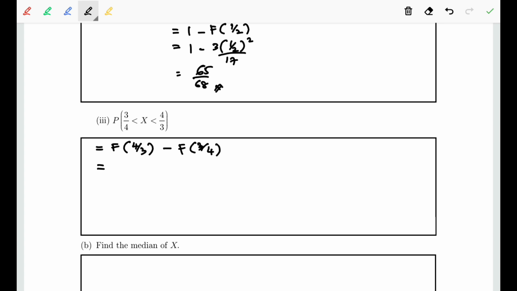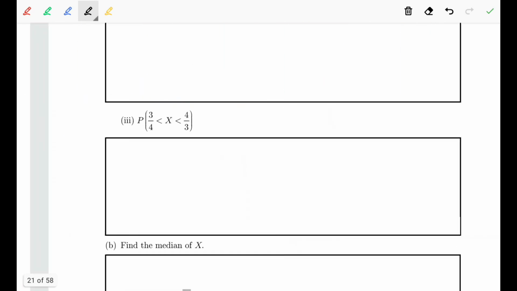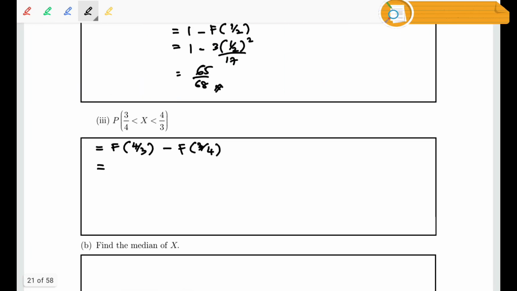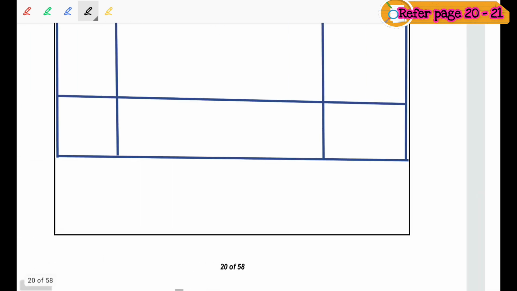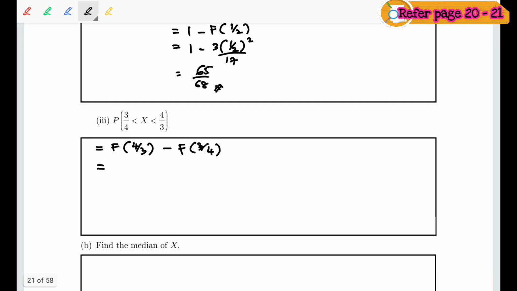So find out where the 4 over 3 is. Check it here. That 4 over 3 needs to be substituted into the second function, and 3 over 4 into the... 4 over 3 into the third, 3 over 4 into the second. So you just substitute.